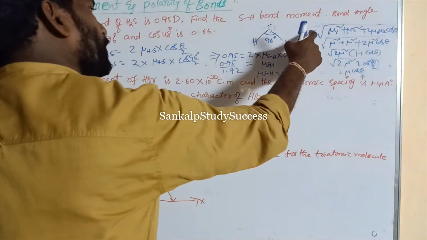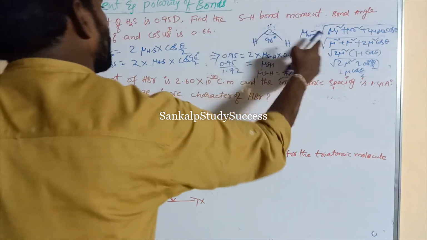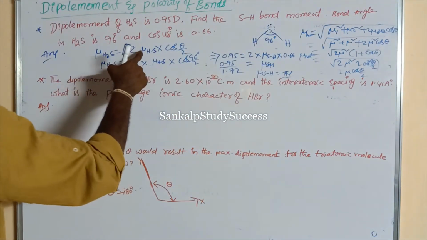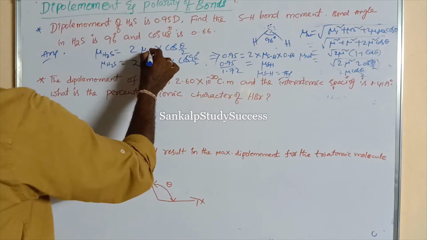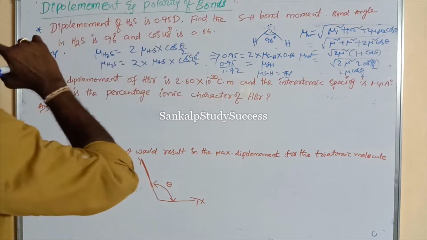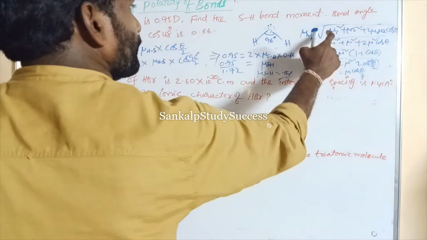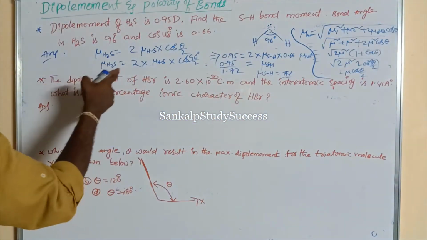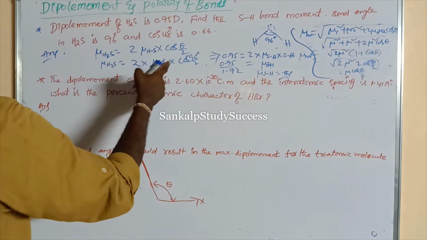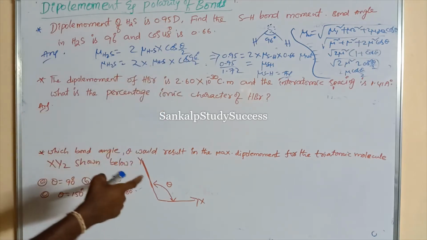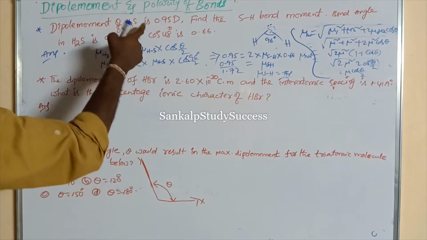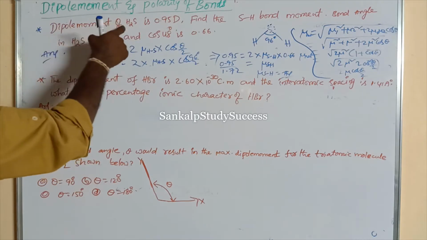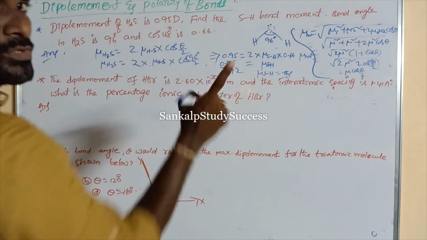Now the net dipole moment of the H2S molecule is equal to 2 mu H-S into cos theta by 2. So this came from this way: mu H2S is equal to 2 into mu HS into cos 96 degrees by 2. What is the dipole moment of H2S? 0.95.